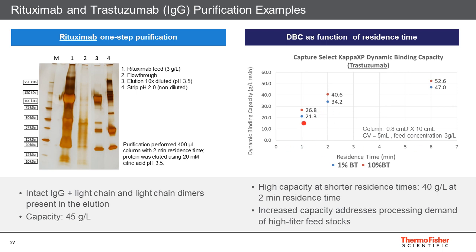Of course, with any agarose, because this is on an agarose-based bead, you have a dependency of, let's say, residence time and capacity, but at 6-minute residence time, you're at higher than 50 grams per liter of capacity, which shows that if you are working with bispecifics or regular monoclonals, you can get very high capacities with Kappa XP.